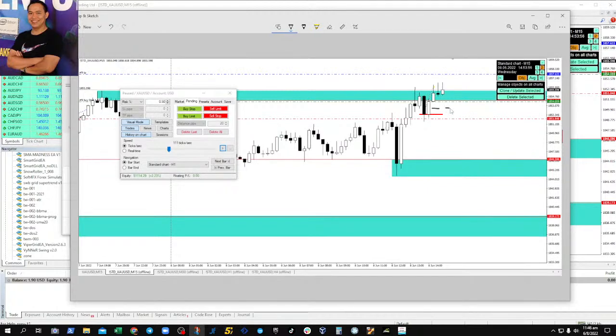Take a sell at 50% of the bearish engulfing candle, then stop out here. Okay, so journal that. Make sure we have journal.